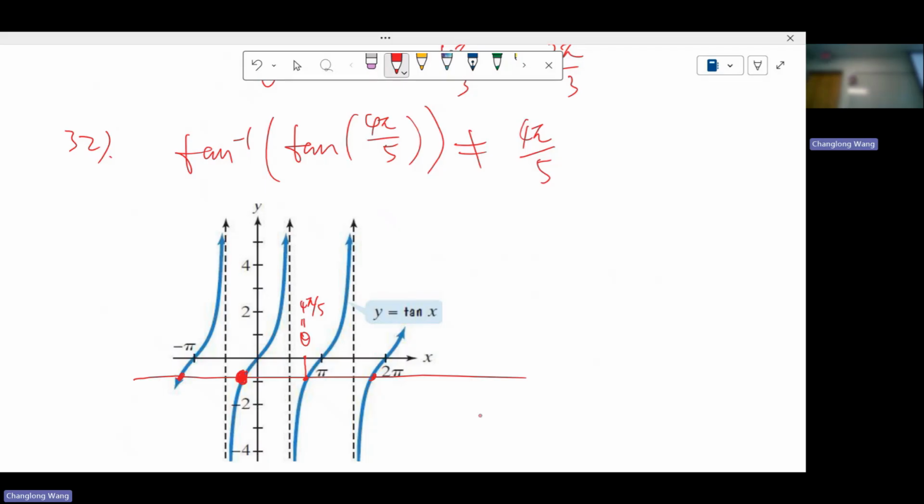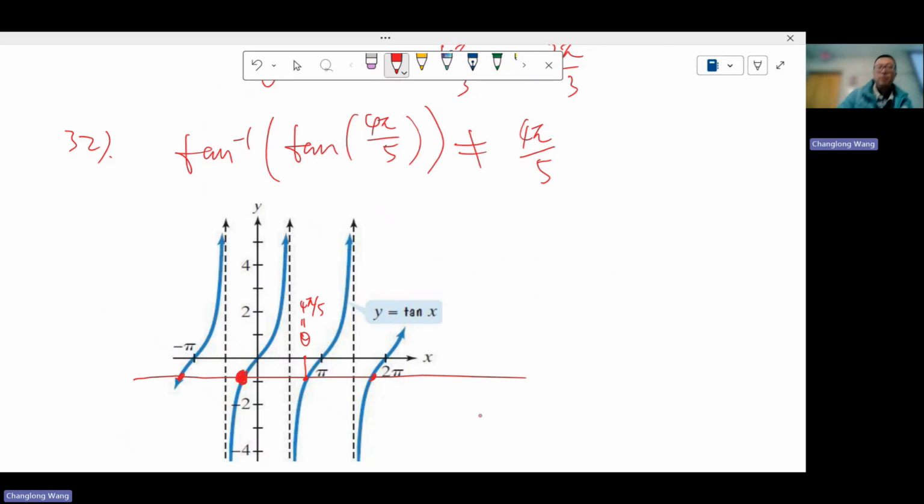That's why you see that the fourth point is you go to the right by adding pi to 4 pi over 5. If you go to the left, you're subtracting a pi. So now, guess what? For a tangent inverse, you have a much easier way without even drawing a graph. Because you can just play with that angle, adding, subtracting pi, until that angle falls into the range of the tangent inverse. Does it make sense? So, like say, forget about a graph.